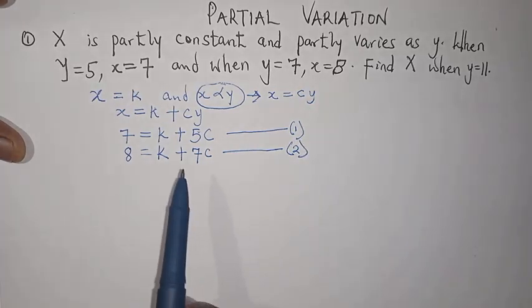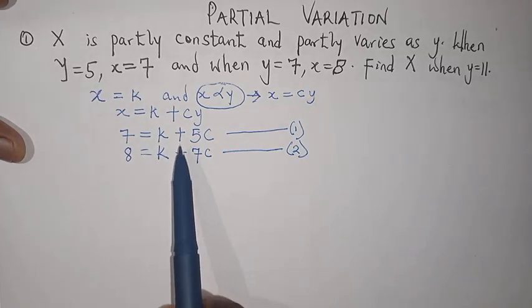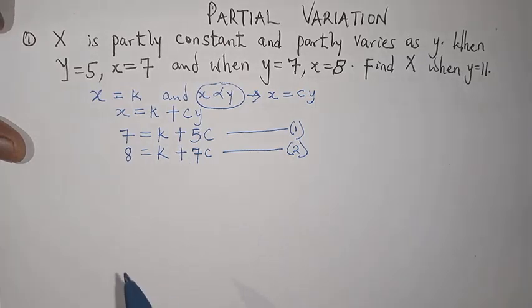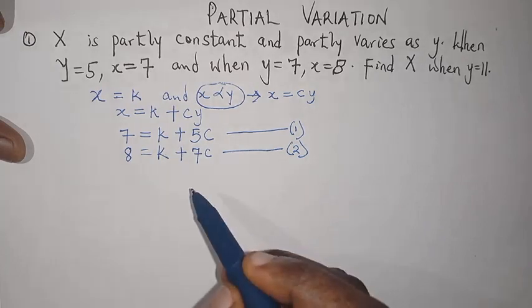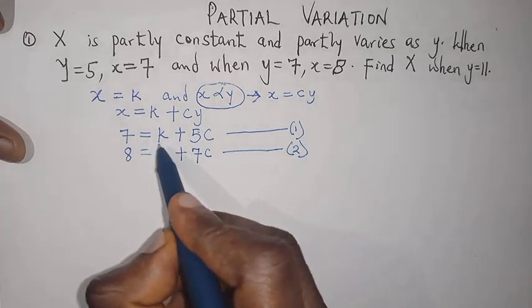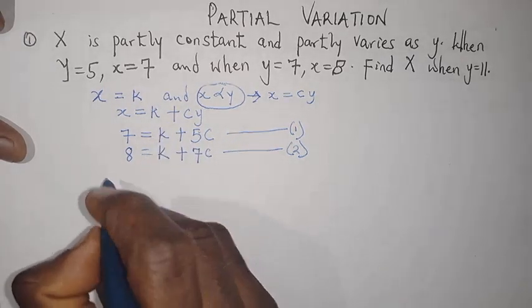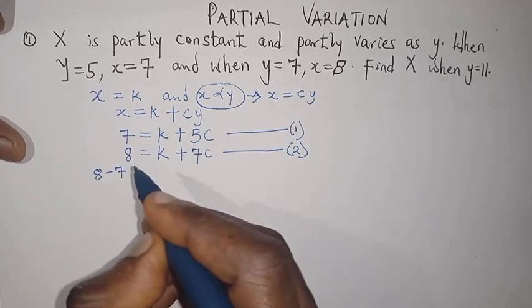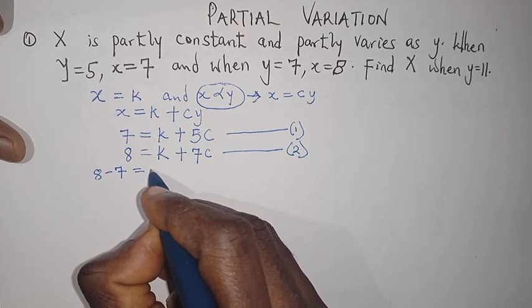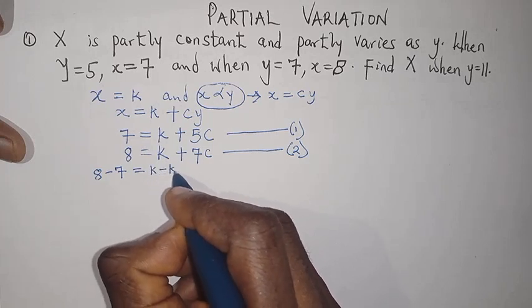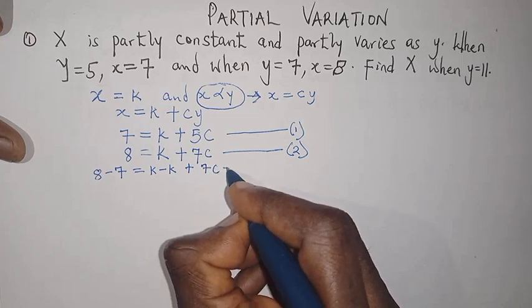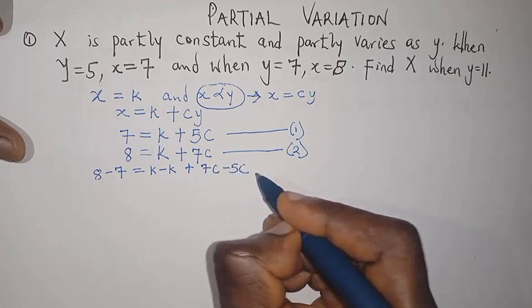Now, as you can see, we have two linear equations, so we're going to solve them simultaneously. We can decide to subtract equation 1 from equation 2, meaning 8 minus 7 equals k minus k plus 7c minus 5c.